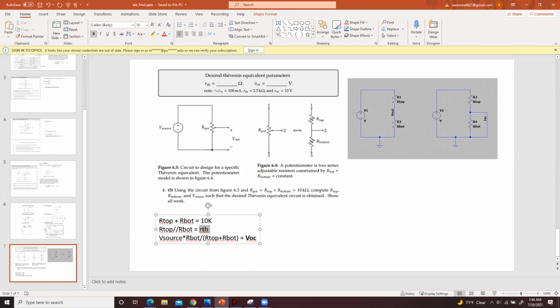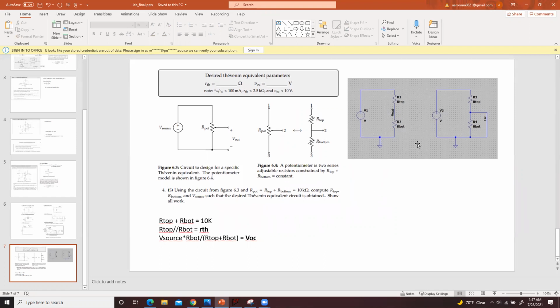This is the second equation. Then the third equation is the voltage division equation: V source times R bottom divided by the total resistance is the output voltage. So overall, you have three equations and three variables, and you can get the answer. That's how you do the calculation for this question.